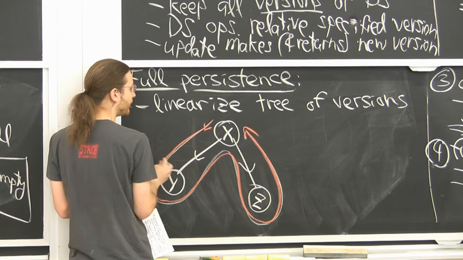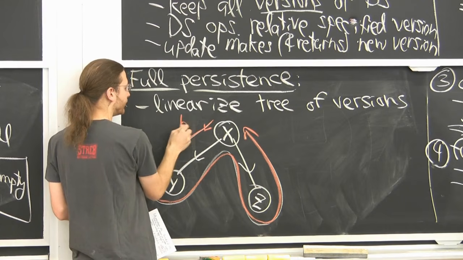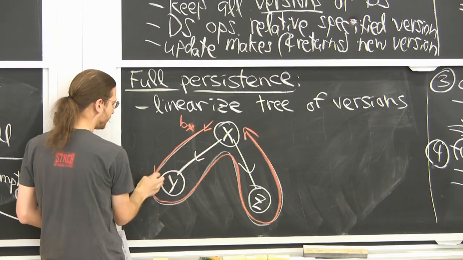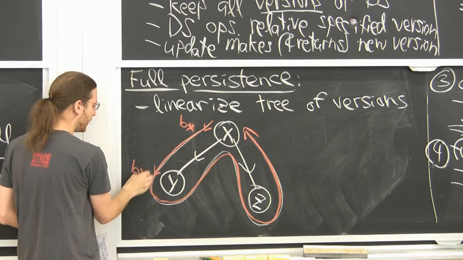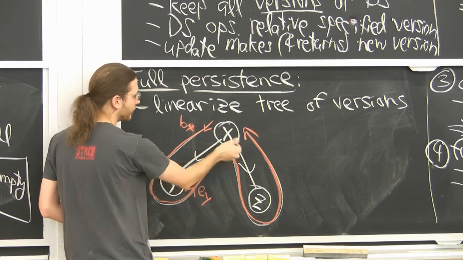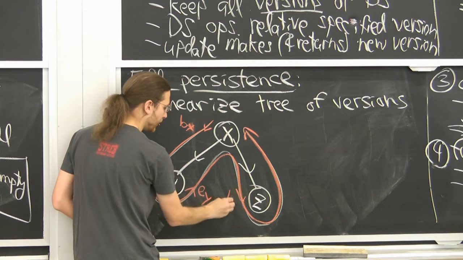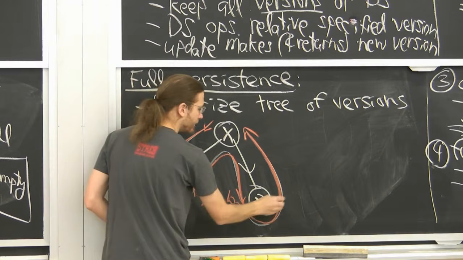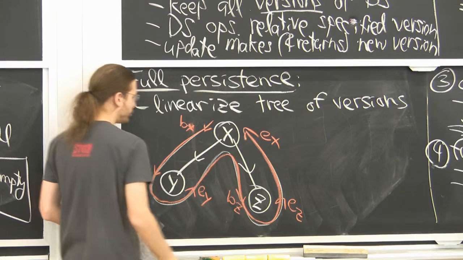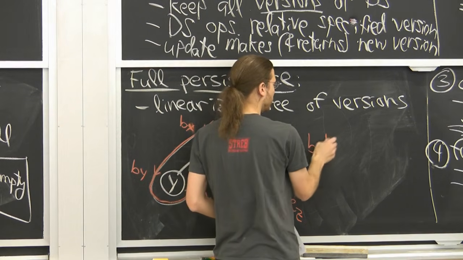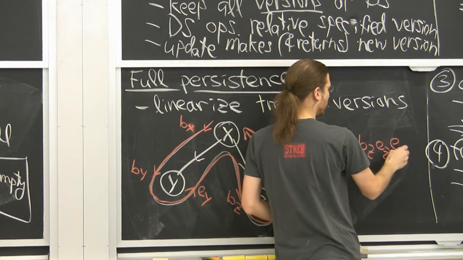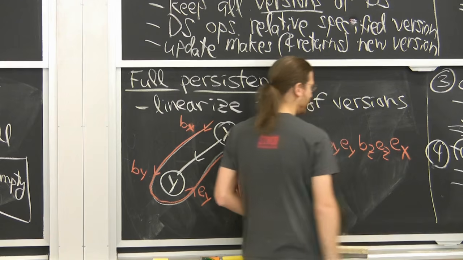So here's the first time I visit X, so I'll write this is the beginning of X. Then this is the first time I visit Y, so it's the beginning of Y. And then this is the last time I visit Y, so it's the end of Y. Then this is the beginning of Z. And this is the end of Z. And then this is the end of X. If I write those sequentially, I get BX, BY, EY, BZ, EZ, EX.